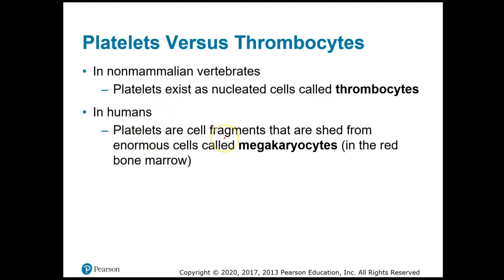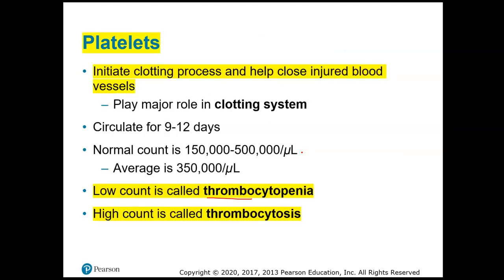And they're basically cell fragments that are shed from megakaryocytes, which you find in the red bone marrow. They're stem cells that are in the red bone marrow, and fragments of them are shed. So we're just going to call them platelets, since we are humans and not non-mammalian vertebrates.